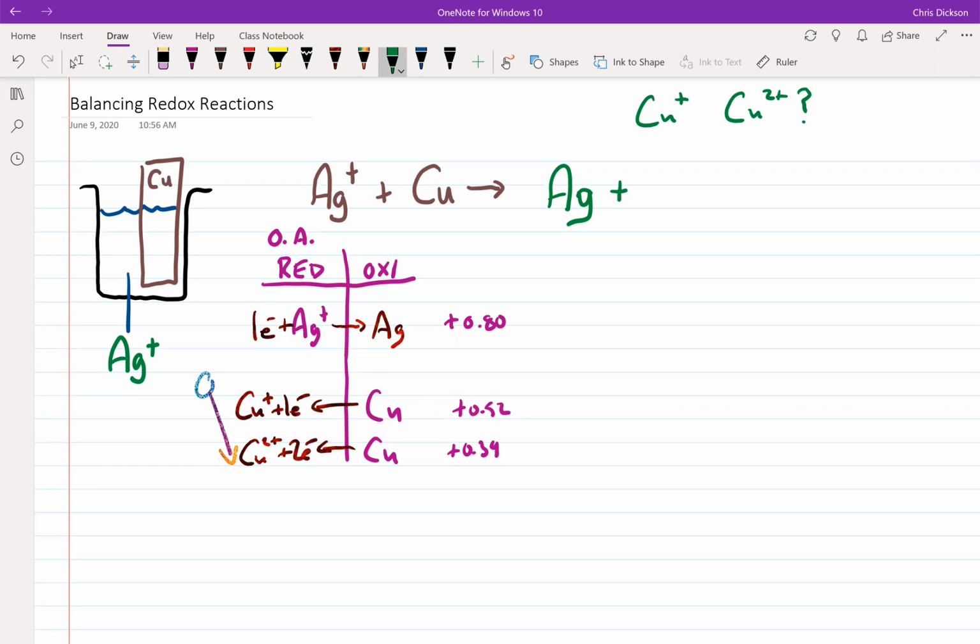This is where the data table shows that the further down on the right-hand side you go, the stronger a reducing agent you are, which means the more likely you are to get oxidized. So when you have more than one item on one side of the table, you always pick the one that's lowest down on the right-hand side, which means the 3-4 reaction is what's going to take place.